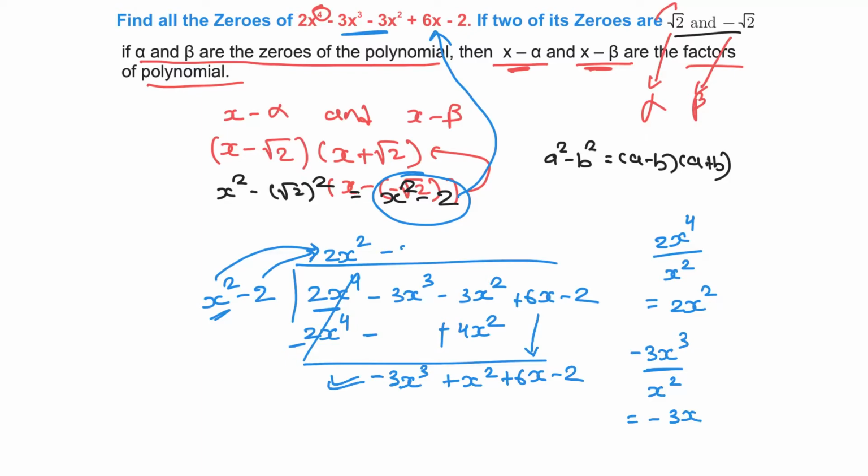Now multiply x square into minus 3x, that is minus 3x cube, then minus 2 into minus 3x, that is plus 6x. Now change the sign: minus 3x cube plus 3x cube will be 0, plus x square, 6x minus 6x again 0, and minus 2.